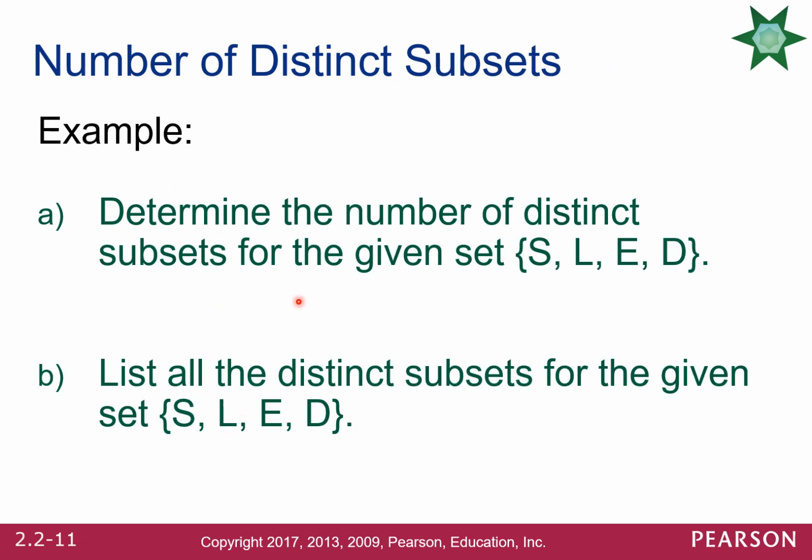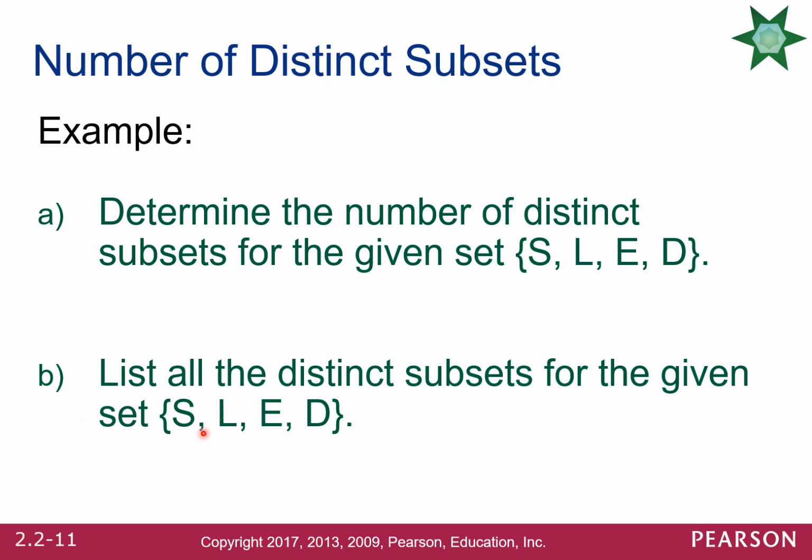So this is an example where we will be applying the formula we learned about calculating the number of distinct subsets. Not proper subsets, but distinct subsets. So we will have to apply the formula to find the number of distinct subsets.